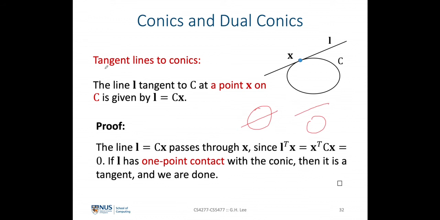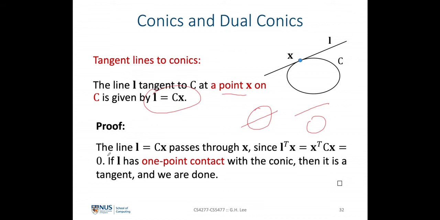But in this case here, we'll look at the case where the line is a tangent line to the conic. And when this happens, this tangent line to the conic is intersecting at a point which we denote as x, given by this equation over here, L equals Cx.